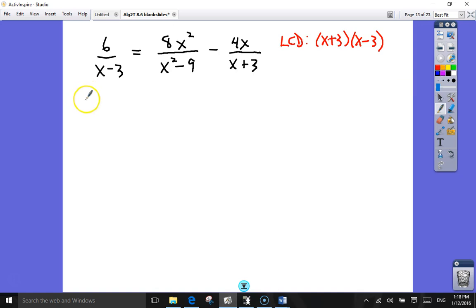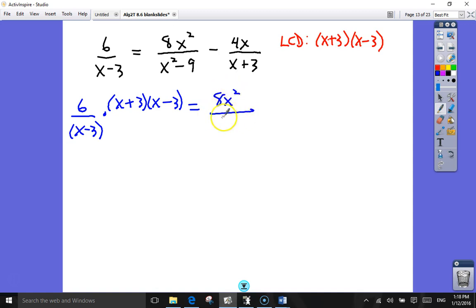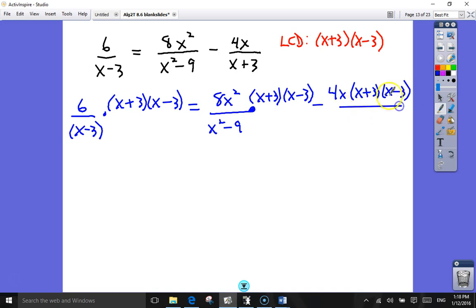So on this side, I'm going to get 6 over x minus 3 times x plus 3 times x minus 3 equals 8x squared divided by x squared minus 9, which we know is x plus 3 times x minus 3, times x plus 3 times x minus 3. And one more time, minus 4x times x plus 3 times x minus 3 divided by x plus 3.